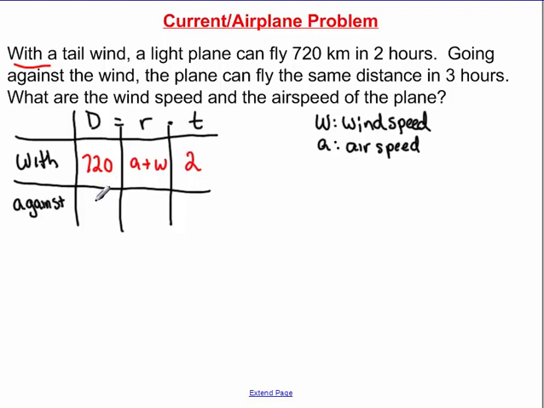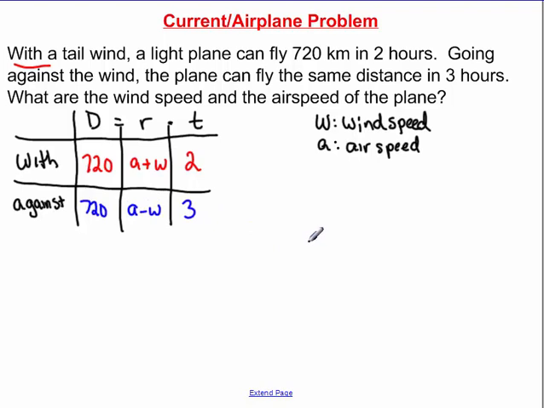Now against the wind, we have 720, and it's going to go this same distance in 3 hours. Let me actually do this in a different color. So 720 in 3 hours, but in this case, our airspeed is being taken away from the wind.